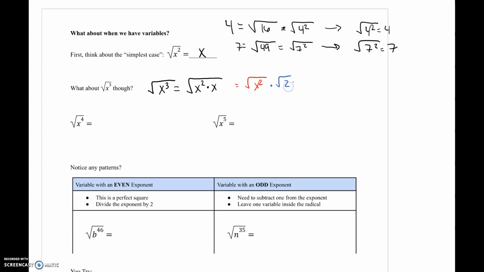And what's the square root of x squared? Well, that's x. And the square root of x is like those numbers that we did beforehand, like 5, like 11. We can't simplify it anymore. So the square root of x to the third equals x times the square root of x.